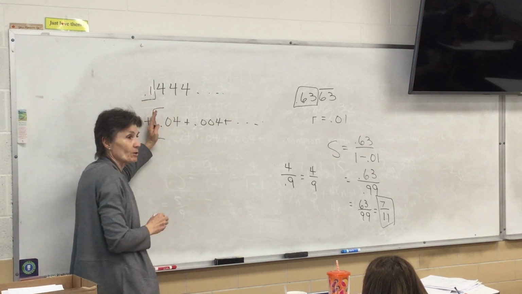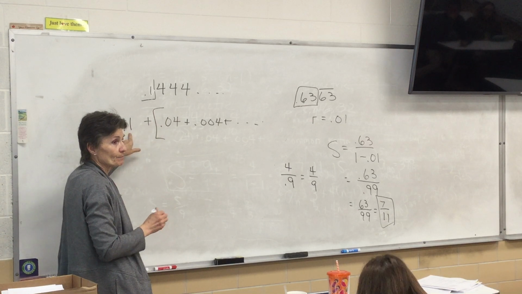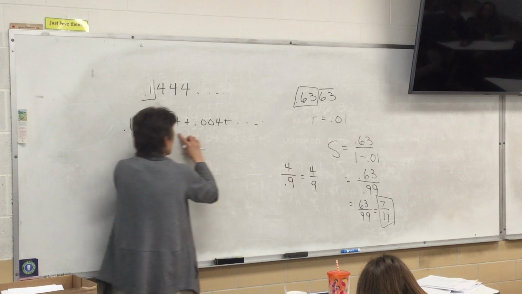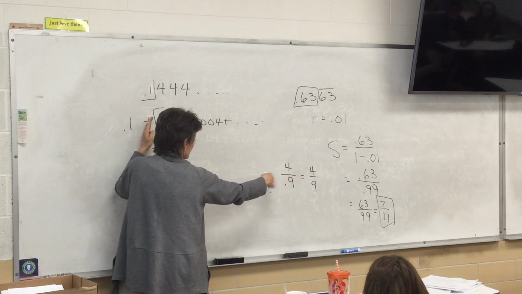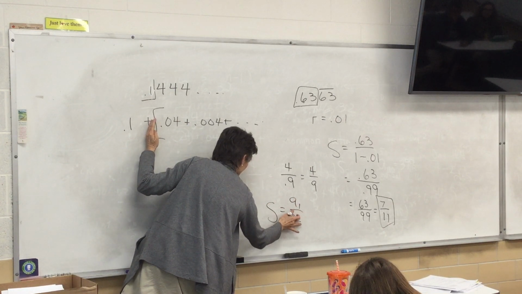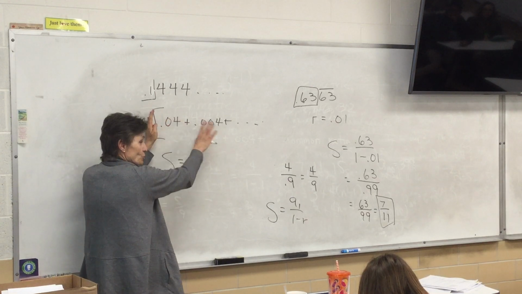This is the only part you can use your formula for. This doesn't fit. This is different. He doesn't fit. So I'm going to use my formula for this, the formula I just erased. I'm going to use this formula. Okay? So what's my first term?